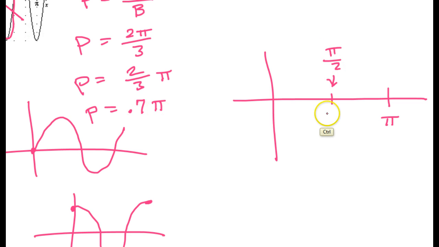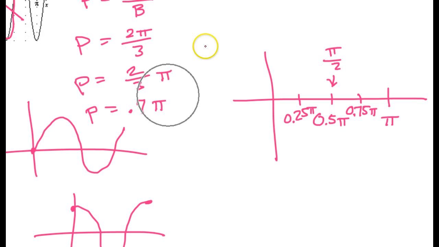But to get the decimals going, can we agree that this would be 1/2 pi? This would be 0.5 pi. And can we agree that this mark right here would be 0.25 pi? And this one right here, this is 3/4 of pi. That is 0.75 pi. So I'm looking at a period of 0.7.